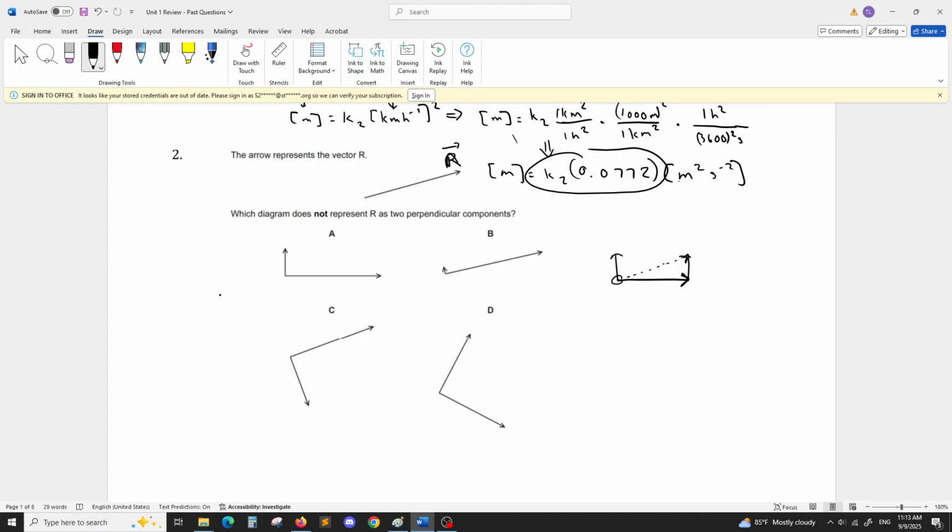So they're just asking which diagram does not represent R as two perpendicular components, which is simply asking which two vectors, when added to each other, do not give R. So for example, like I did this. We can take this vector here. Ooh, that's not a straight line.